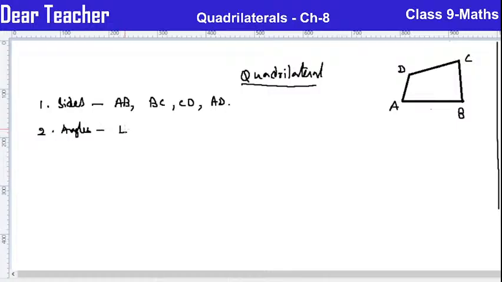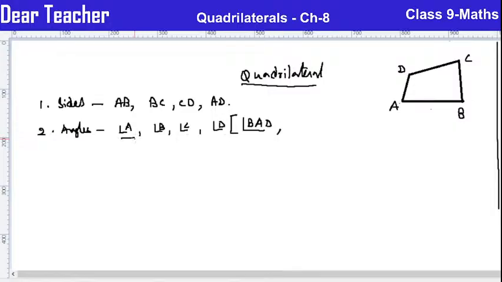If the figure is like this, you can write angle A, angle B, angle C, and angle D. But three-letter notation will also be there. Three-letter notation means angle A should be in the middle, and BAD or DAB you can also write. So I am writing BAD.